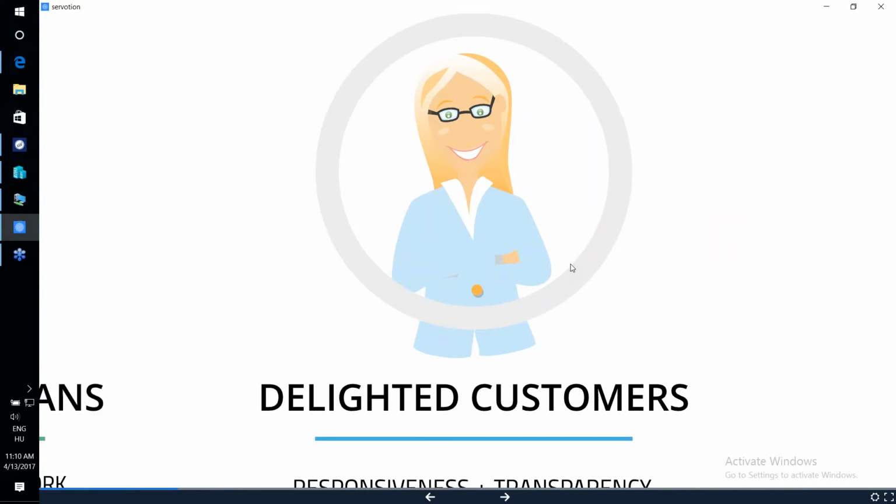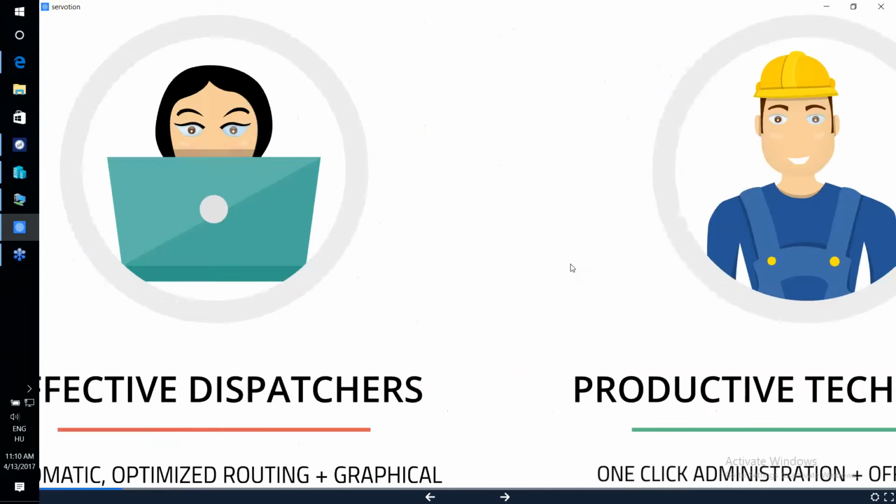For the customer, we have created a solution that helps him or her get an answer to the pain. Each and every problem is a pain, so the customer wants to get the answer quickly. That's why we are implementing IoT as well at this very moment. That will probably be part of the next release. But for this first release, we have a customer portal that I will show you later on.